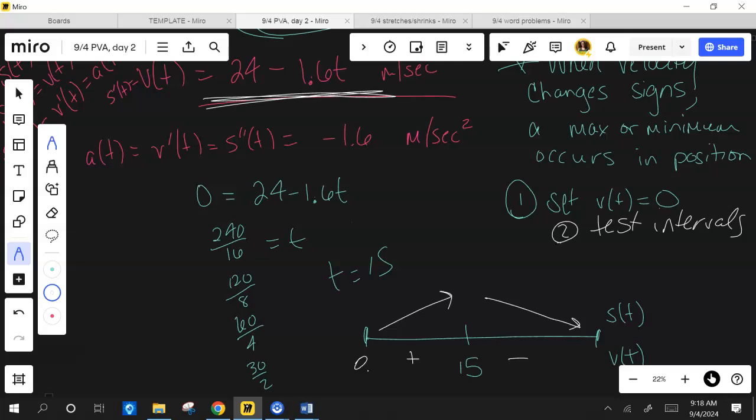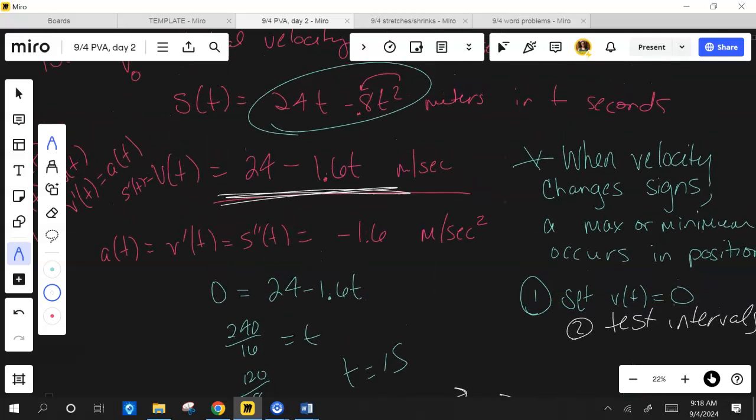Now, if you plug in, and you could use a calculator for this part. Original equation, right. So for C, whenever it says, where did this happen? If it ever asks when, that's your T. If it asks how high or where, so when is T, where is your position? So I'm plugging into this.